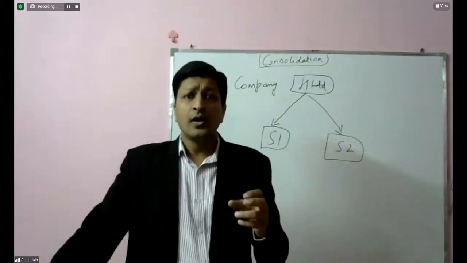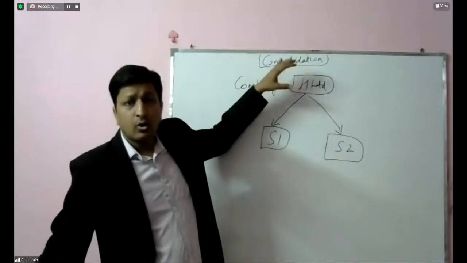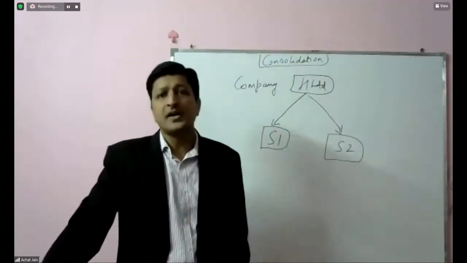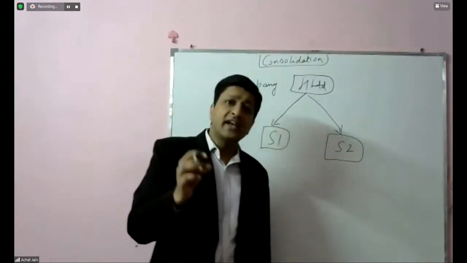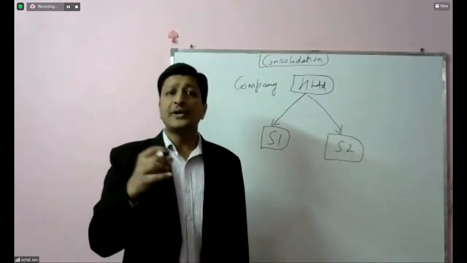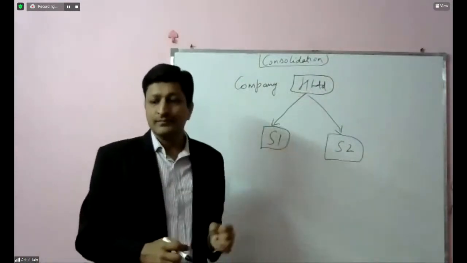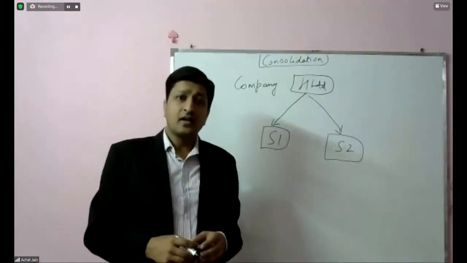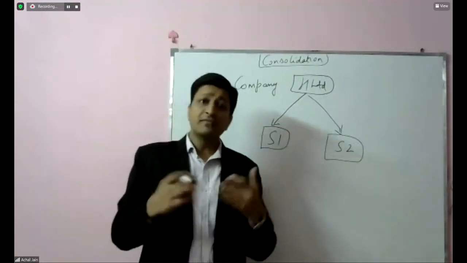Now, let's suppose one has to look at the picture of how this entity is performing, or how the shareholder of H Limited wants to assess the performance. So what should he ideally do? He should not only look at the business performance of this company, he should be looking at the business performance of the entire group. And why?